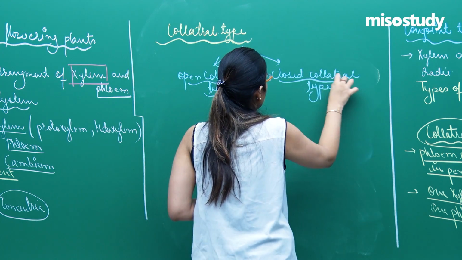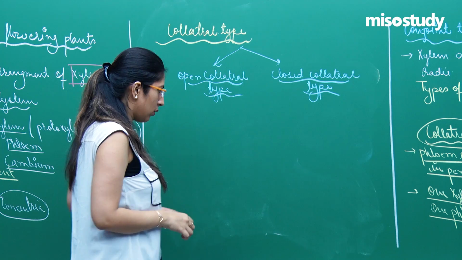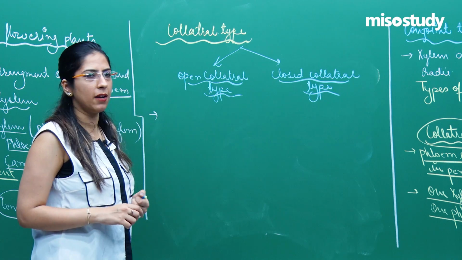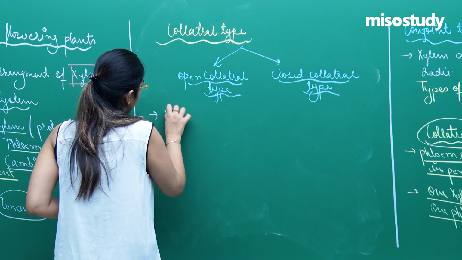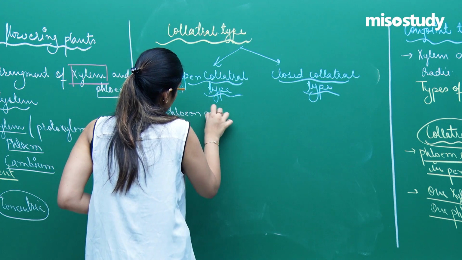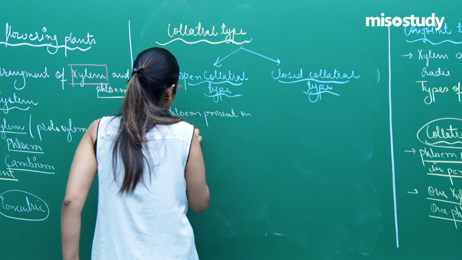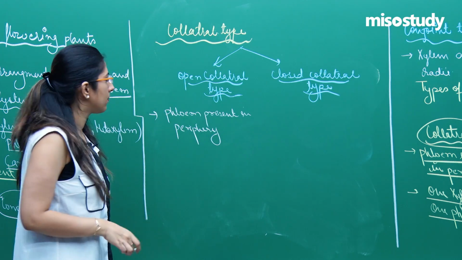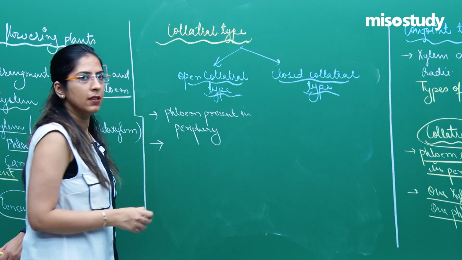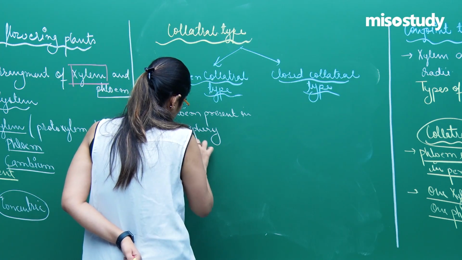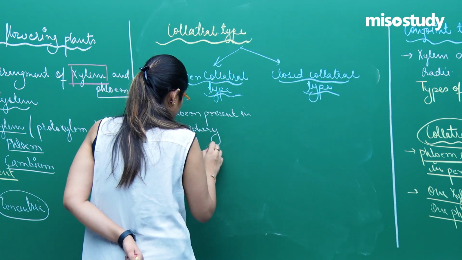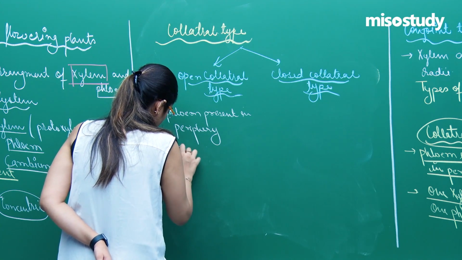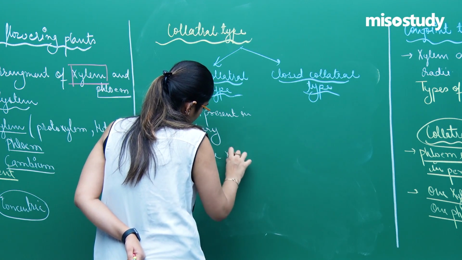Now, let's understand this. Let's write this first. In the open collateral type, we have xylem and phloem, they both are present, and the phloem is present in the periphery. In the center, xylem is present.